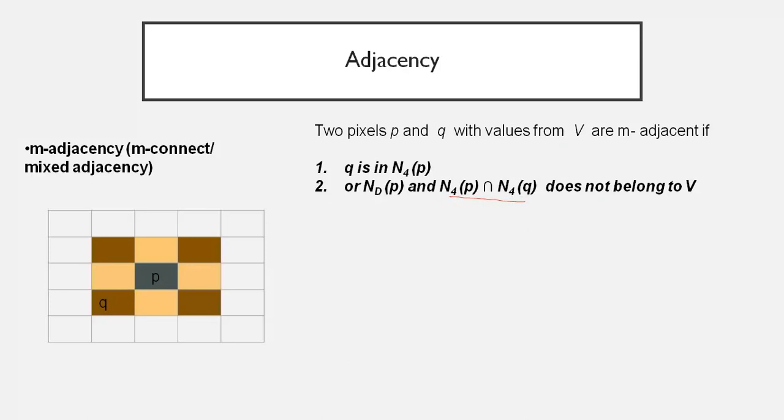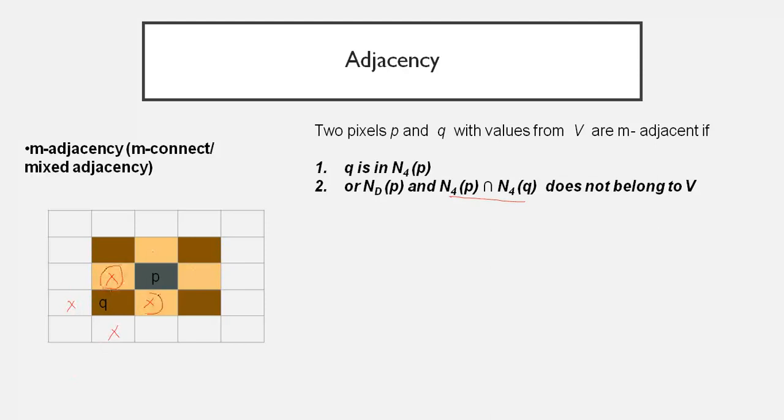What do we mean by that? So what are the 4 neighbors of P? These are the 4 neighbors of P. What are the 4 neighbors of Q? The 4 neighbors of Q are this, this, and this. And which 4 neighbors of P and Q intersect? These two locations are where the 4 neighbors of P and Q intersect.